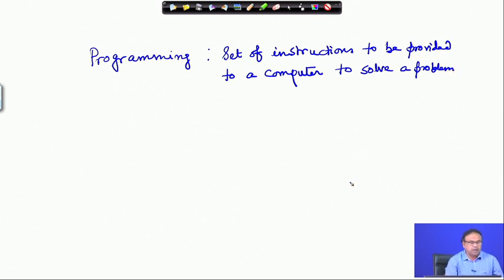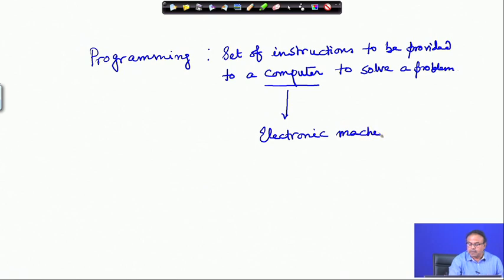Now, a computer is an electronic machine. Till now, what I was doing, I was writing the set of statements in the form of somehow like English.